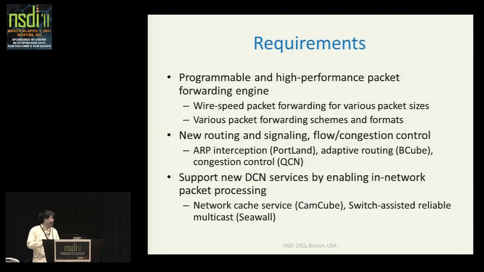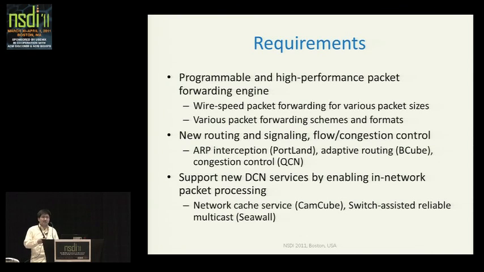Third, we would like to support new DCN services, such as reliable multicast and network caches. This requires our platform to support in-network data processing. Since DCN is owned by a single operator, we expect the technology adoption in this environment will be faster than in the internet.